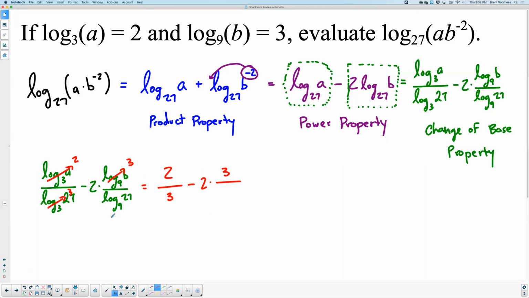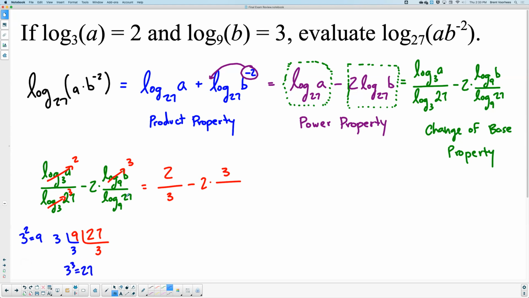And log 9 of 27. This one's a little bit harder because if you think about it, 9 to what power is 27? Doesn't go in evenly. So really how you break this down is what number can go into 9? 3, and 3 goes in twice to 9. Since 3 squared is 9, but as far as 27 is concerned, it takes three 3s. 3 cubed is 27.